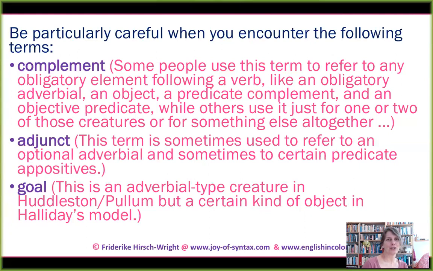And I mentioned before that goal with Huddleston and Pullum is an adverbial thing, and in the Hallidayan model, it is a certain kind of object. Yeah, when we're looking at it from an existential point of view, existential analysis, metafunctional point of view. Okay, again, try not to be overwhelmed. This was not to show off my reading or knowledge. This is just meant to be helpful, because I found that my students were overwhelmed and confused by all of these terminologies.